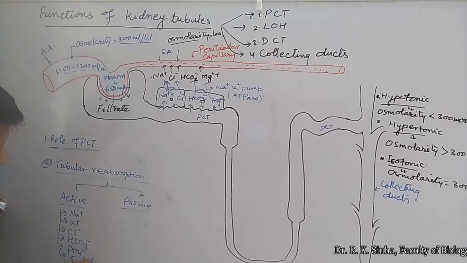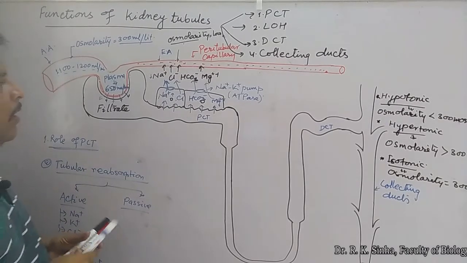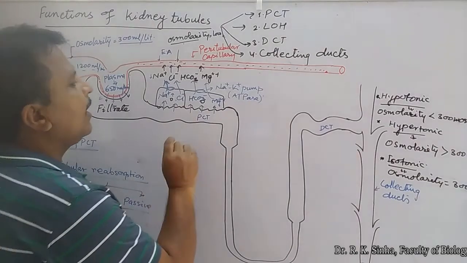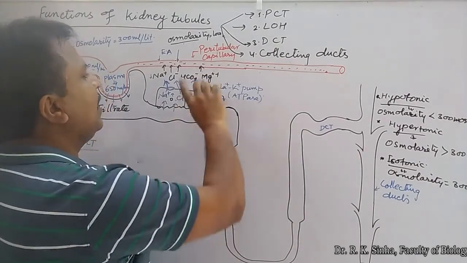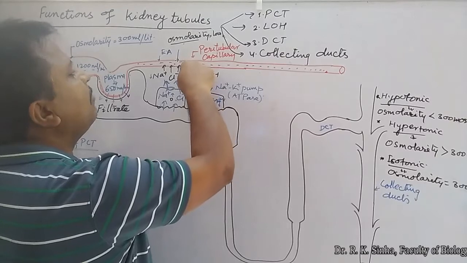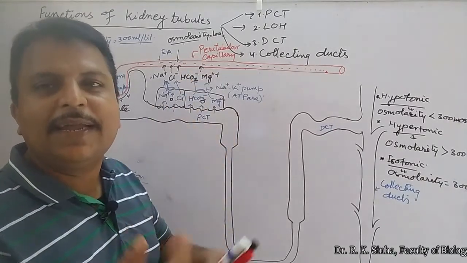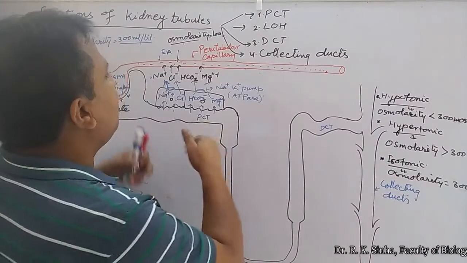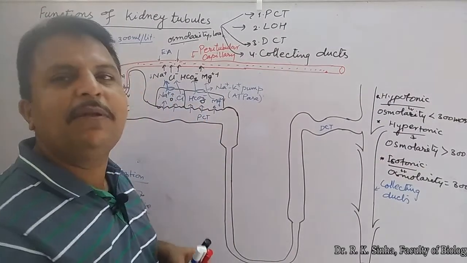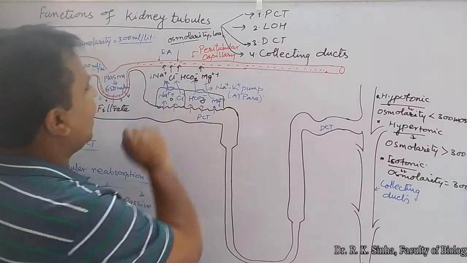These will be reabsorbed. It will continue to reabsorb until the osmolarity in the body fluid and the PCT attain equality. If this is the isotonic condition, then it will stop. Now this is the active process.